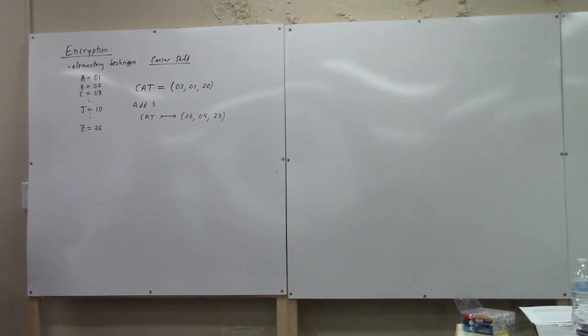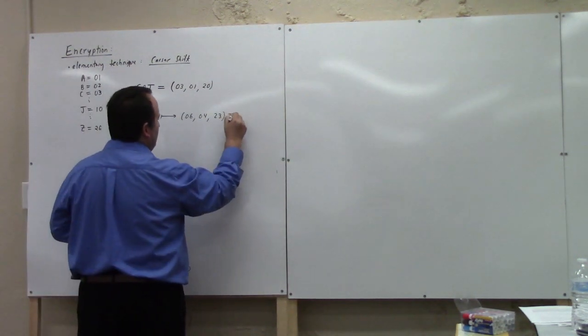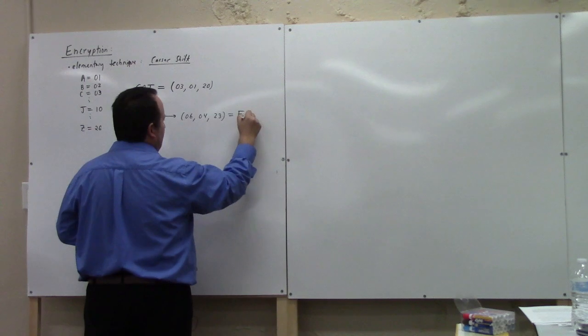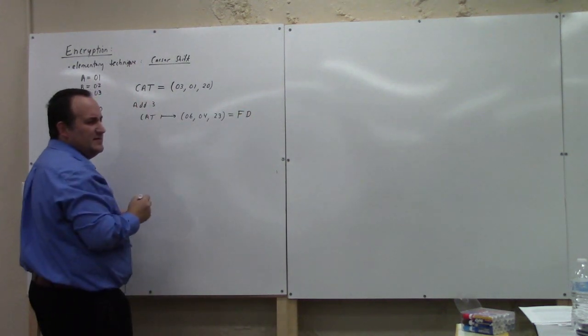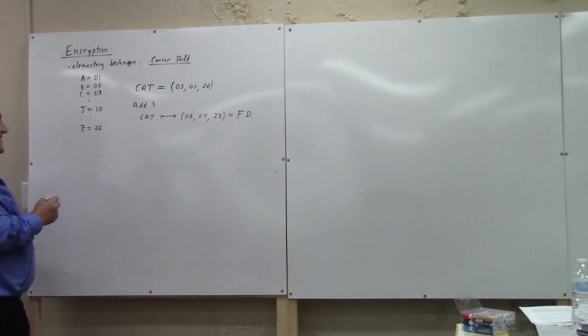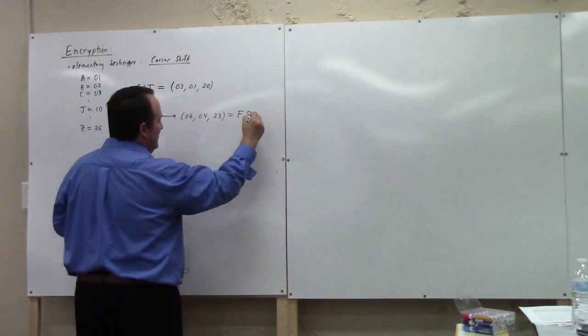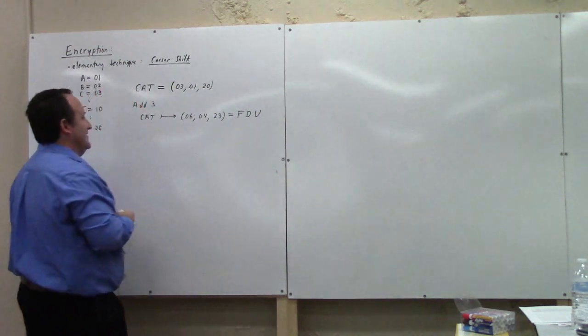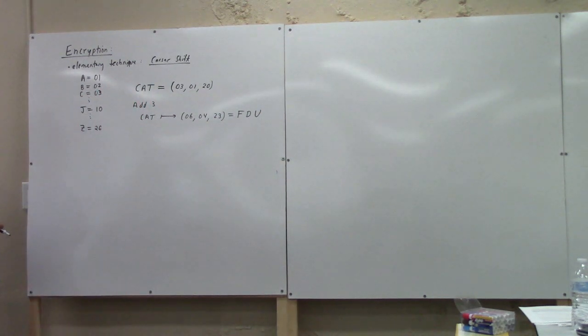In terms of letters, that's F, D, and 23 is U: fdu. So cat becomes fdu, and then you can say, kill the fdu, and no one will know what you're talking about, except those in the club who realize you're using a Caesar shift of 3.